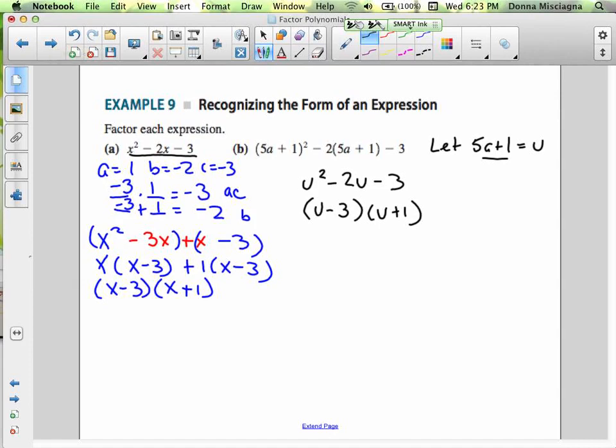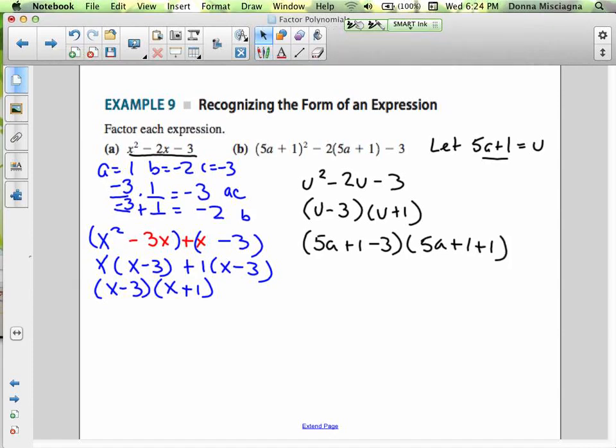We can put it back. So we have 5a plus 1 minus 3 and 5a plus 1 plus 1. All I've done is, actually, let me color code it so that you can see. All I've done is replace the u with a 5a plus 1. And there we go. So now all we need to do is simplify it, and we have now factored it.